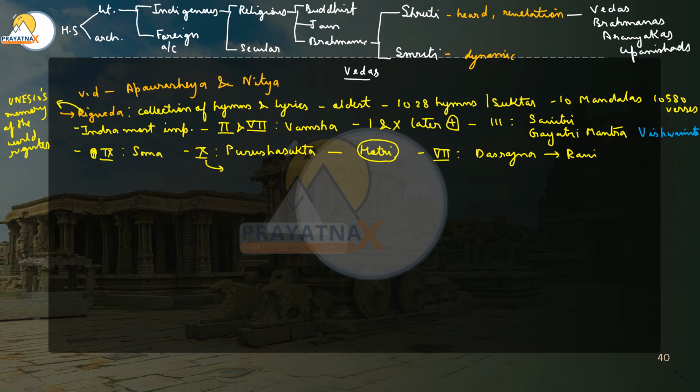Now, moving on to the next Veda, that would be Yajurveda, which was basically a book of sacrificial prayers.